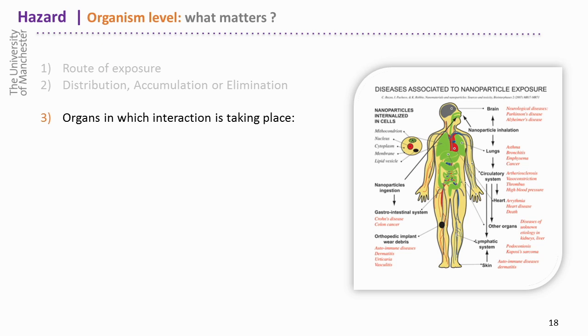And this is usually something that's very difficult to study, to understand exactly what the mechanism is. But it is key to be able to design better nanomaterials that will be safe and will not be toxic. So most of the time, the organs of concern will be the lungs, the brain, liver, the spleen, the heart, and the kidney.